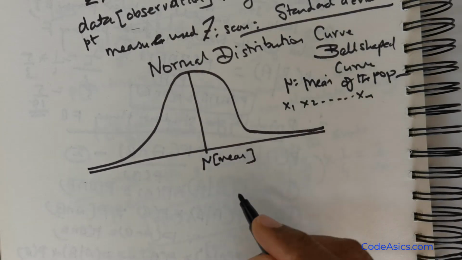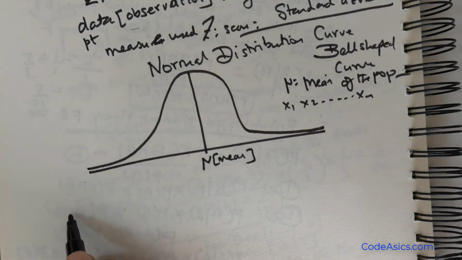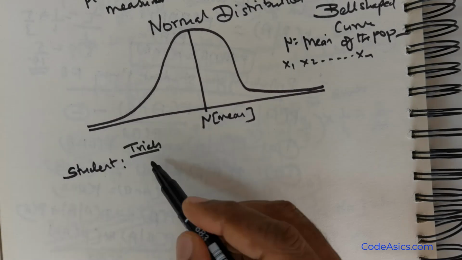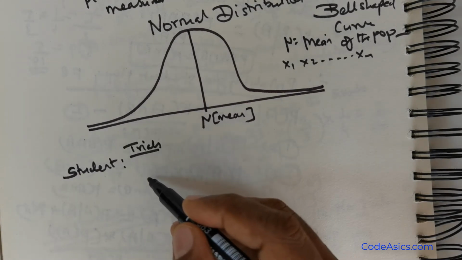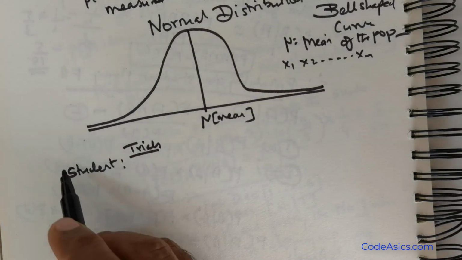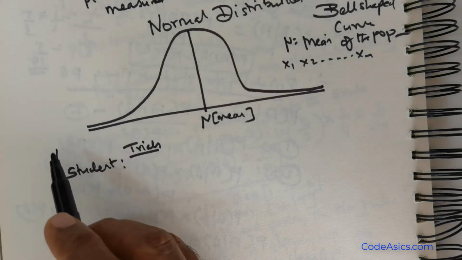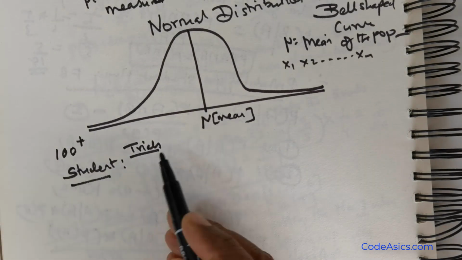Now where do I fit the z-score in this case? Say, for example, a student takes a certain test. These are the scores obtained by the student when attempting the test. The maximum score for this test is around 100 plus, and this student is making several attempts.